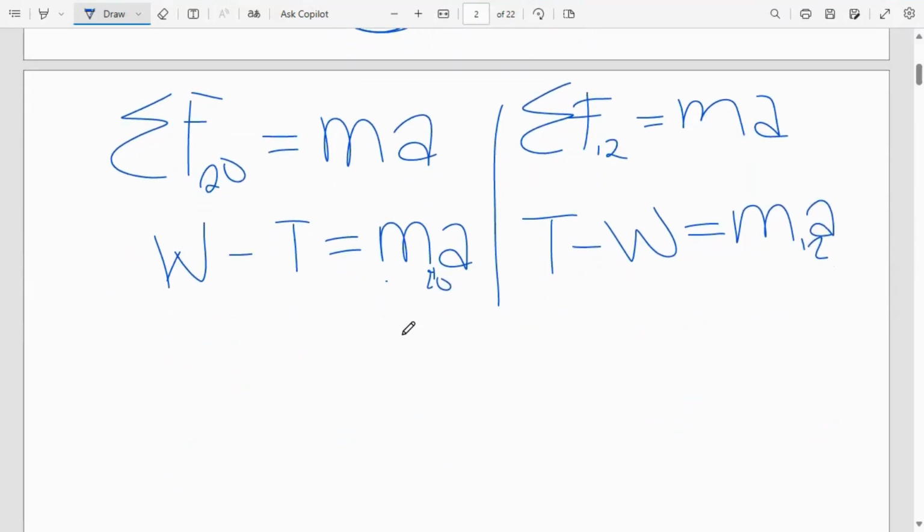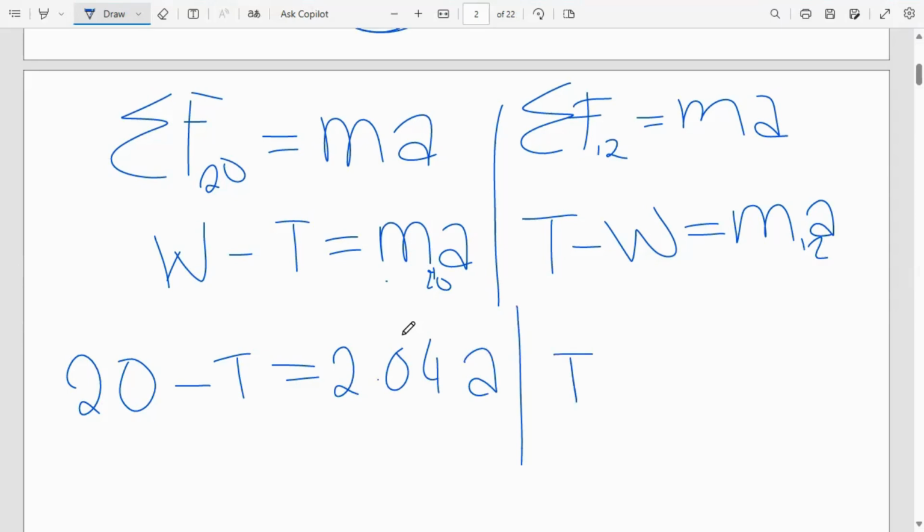Okay, so if these are our two equations, let's now put in some values that we know. We have 20 as the weight minus T that we don't know. This is equal to mass. We can calculate the mass of this object, since we've been given the weight: the weight, which is 20, divided by the force of gravity, which is 9.81, gives me 2.04, times acceleration.